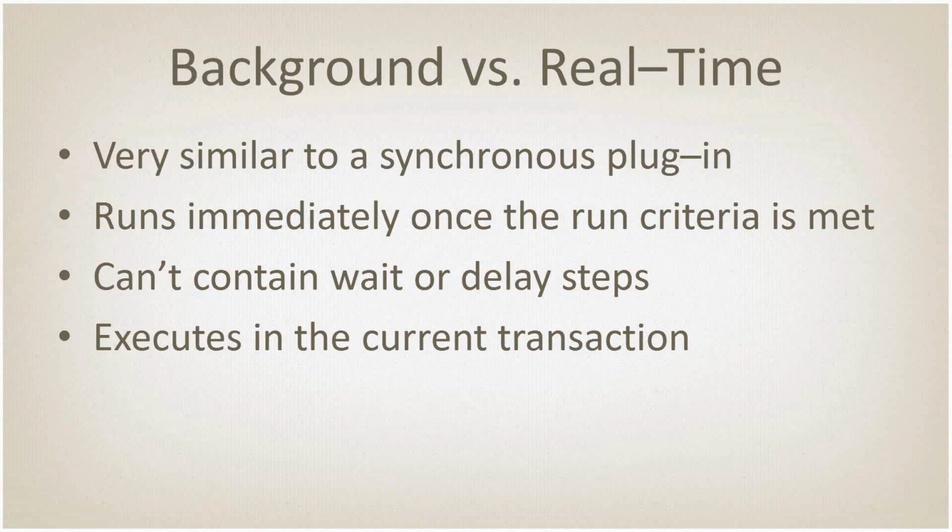And then at a later time, depending on the throughput of your system and your async service, you will actually run that as a separate transaction later on. Real-time workflows run within the same transaction as pretty much the user. So anything that will actually happen visibly to the user here.